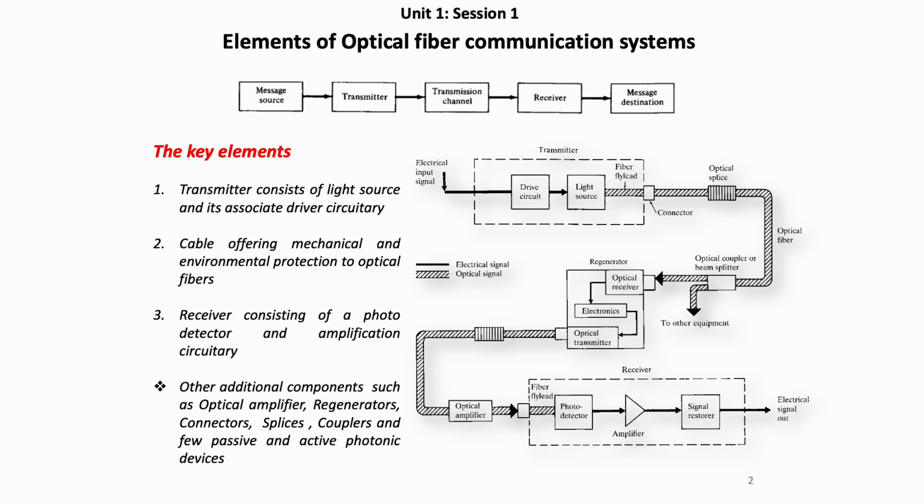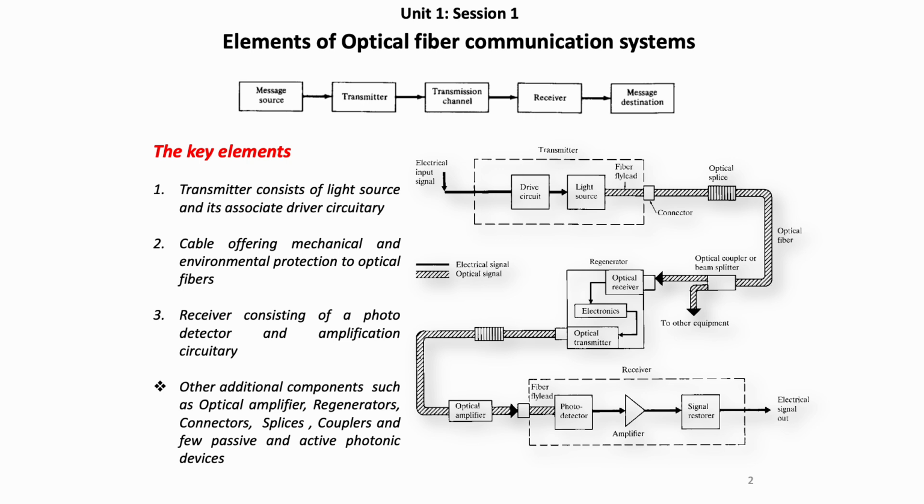Why go for light? Because it has high speed compared to other media. So we convert the electrical signal to the optical signal using driver circuits on the transmitter side. On the transmitter side, first it converts the electrical input signal to the light source.